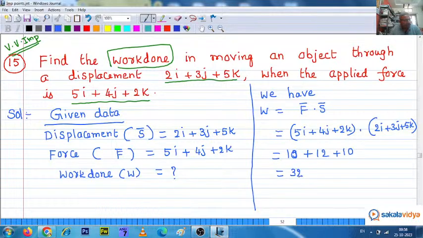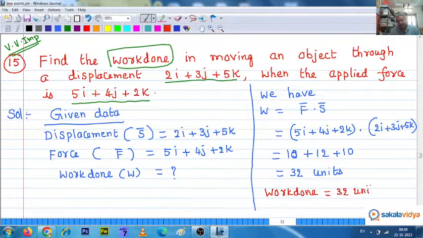So what are the units of work done? You can write joules or just units. If you don't know, you can write units, otherwise joules also, no problem. Therefore work done is equal to 32 units.